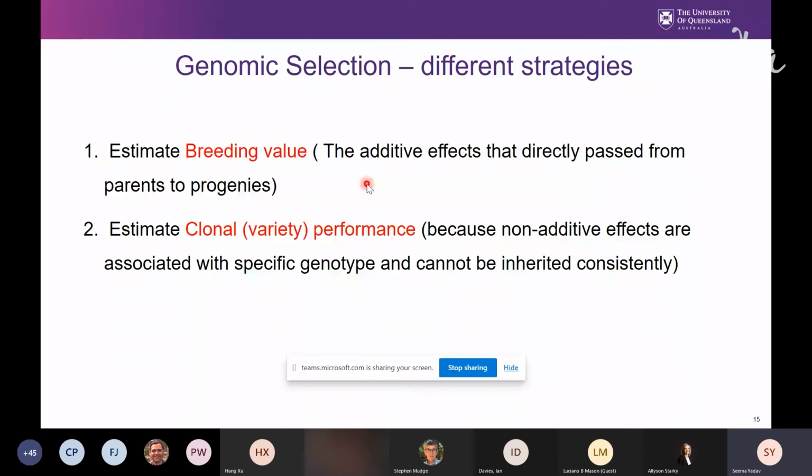We can also estimate the clonal or variety performance, because due to clonal propagation, non-additive effects are associated with some additive and non-additive genetic effects. The non-additive genetic effects cannot be inherited consistently. They depend upon the specific genotypes.